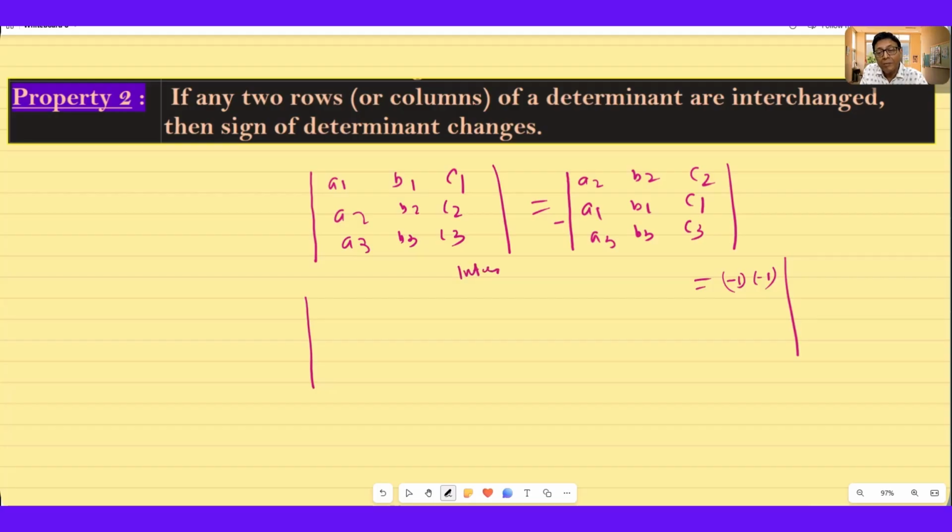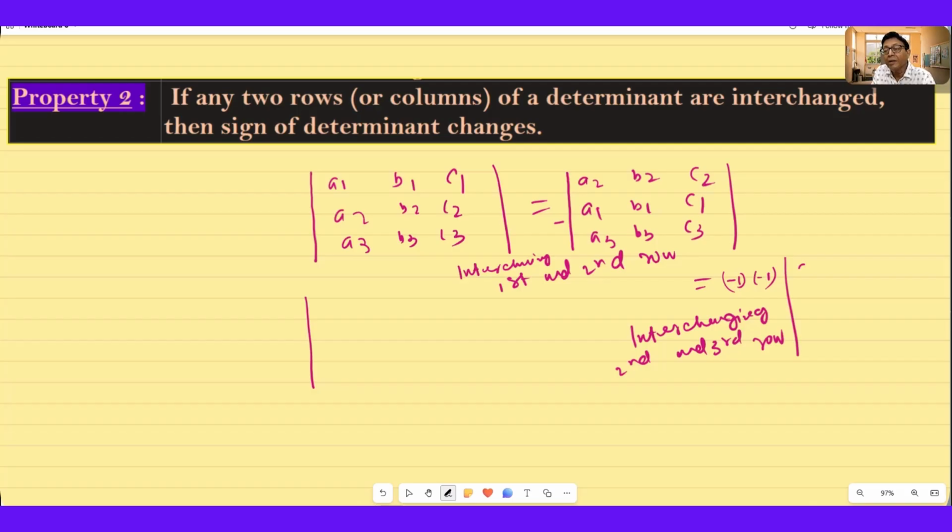Interchanging the first and second row. And what have we done here? Interchanging the second and third row. Another negative sign will come and the value will remain the same, negative in comparison to this determinant, not in comparison to this.